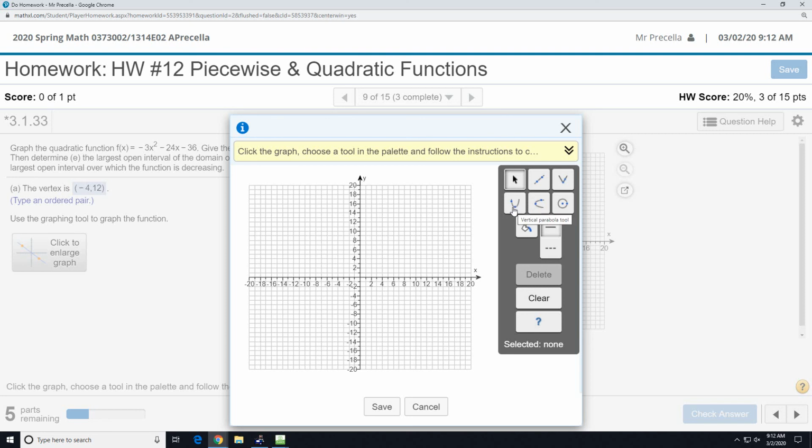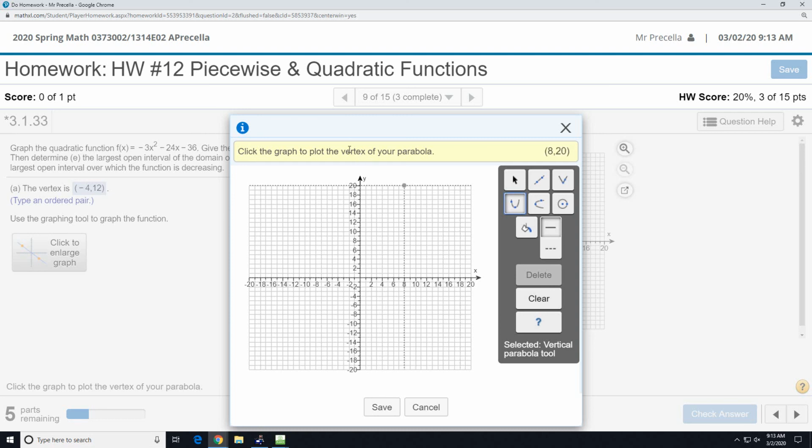Can y'all read that? Vertical parabola tool. So even though it's opening downward, this is a vertical parabola. Now what about these horizontal parabolas? Are you going to be drawing any of those? Because they're not functions. And we know what this thing is. It's not a circle. So we click the vertical parabola tool, and what does it say to do next?